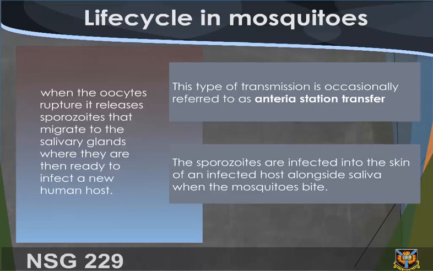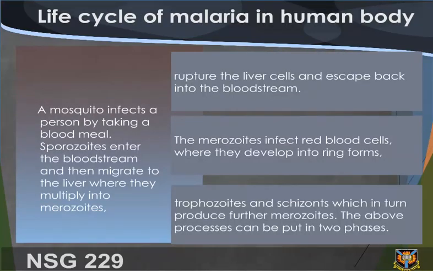The sporozoites are injected into the skin of a new host alongside saliva when the mosquito bites. Life cycle of malaria in the human body. A mosquito infects a person by taking a blood meal. Sporozoites enter the bloodstream and then migrate to the liver, where they multiply into merozoites, rupture the liver cells and escape back into the bloodstream.